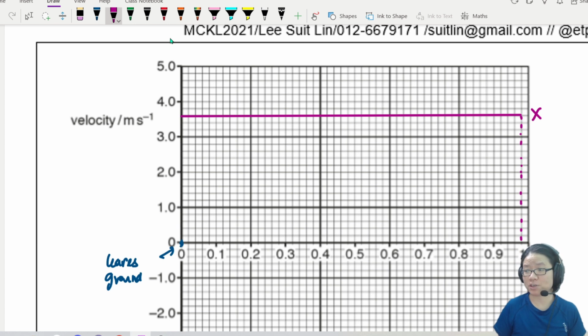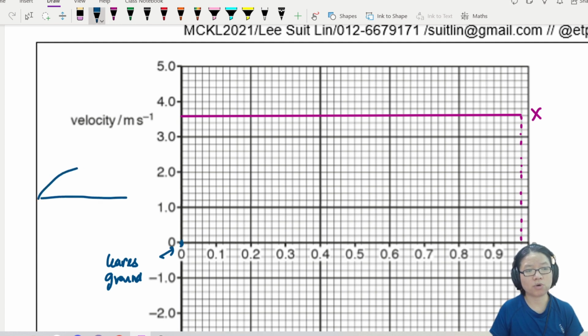Okay, what about Vy? Vy will go up and then come down, right? Because I guess I could draw the trajectory this way. It's going to go up and then come down. At this point, at maximum height here, Vy is 0.